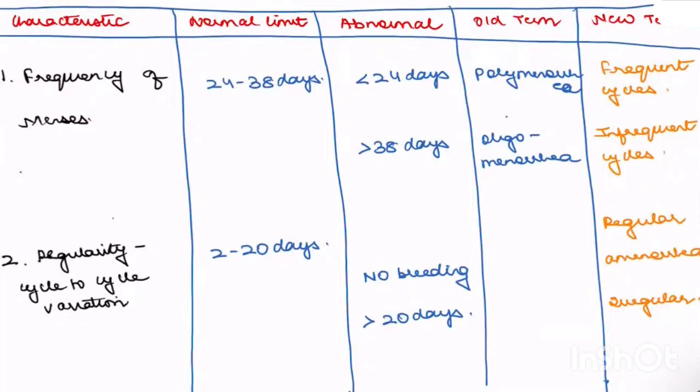So number 1 is frequency of menses. पहले हम कहते थे 21 to 35 days. वो 21 to 35 days अब चला गया है. अब कुछ भी नहीं है 21 to 35 days. Now we say that the normal length, frequency of cycle का मतलब length of the cycle. So now the length of the cycle is 24 to 38 days.